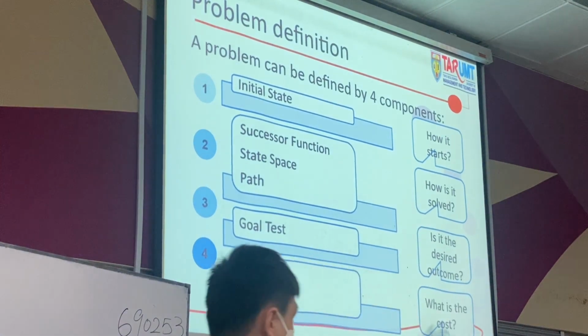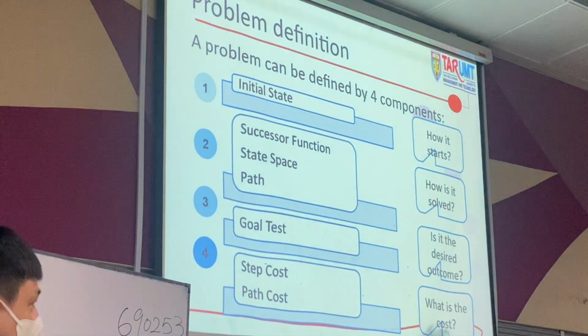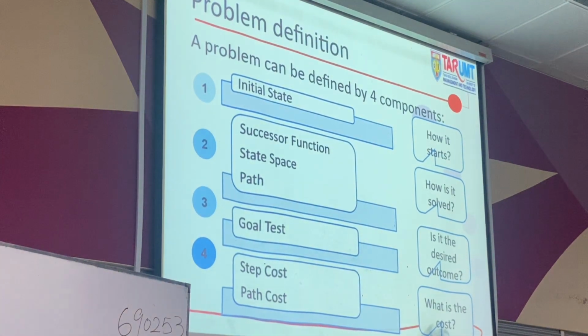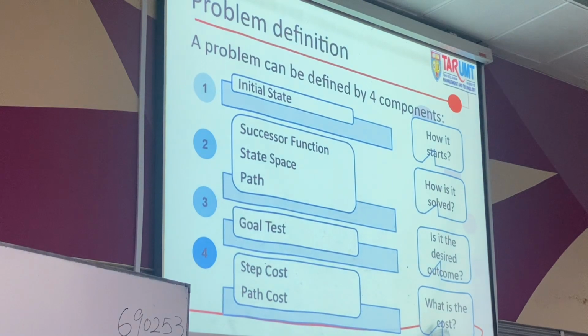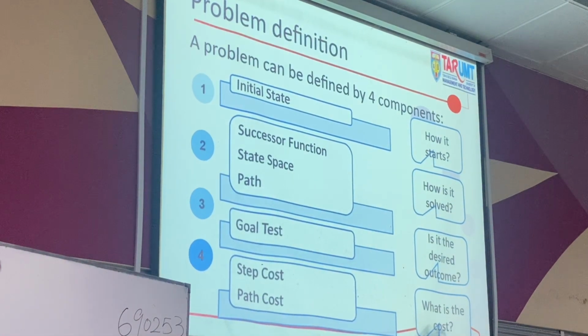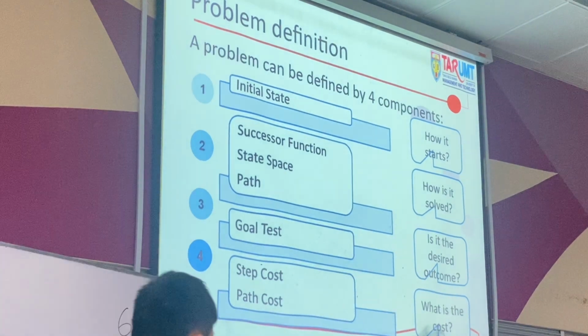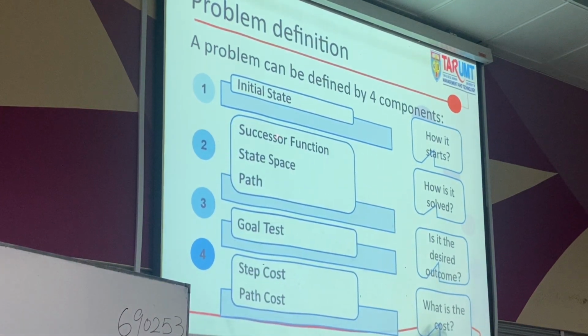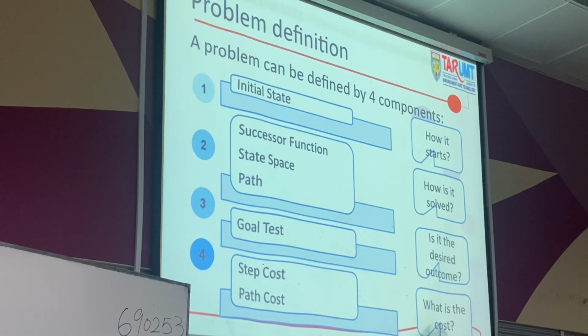If during the exam we ask you to define the path, define the cost, we will provide the terms for you, but you have to understand how to define it. So don't memorize it. You just need to know what the initial state is, what the successor function is, and so on and so forth. So we have 7 elements here.